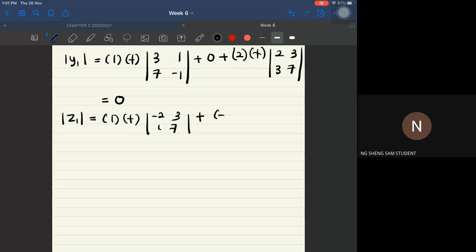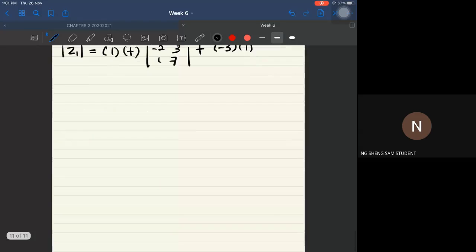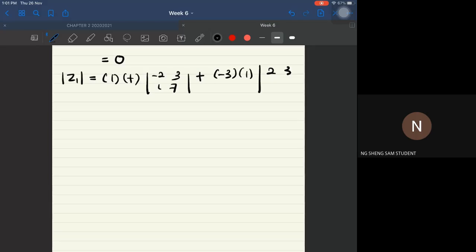Plus negative 3, 1. Yang last kali tak perlu buat lah sebab kosong kan. So 2, 3, 3, 7. So this one is equals to negative 2.